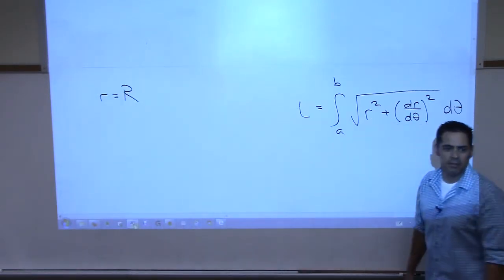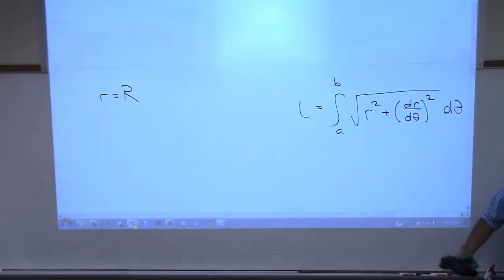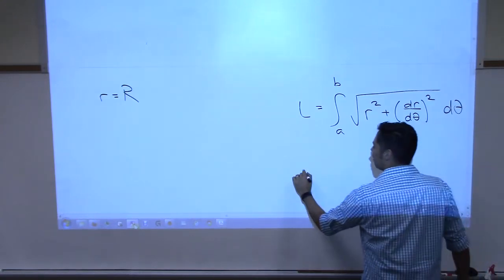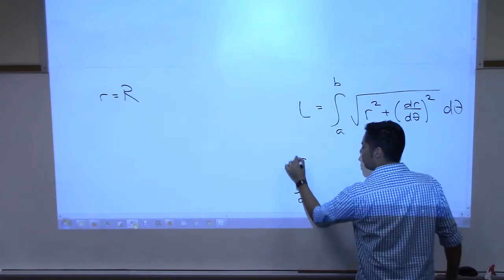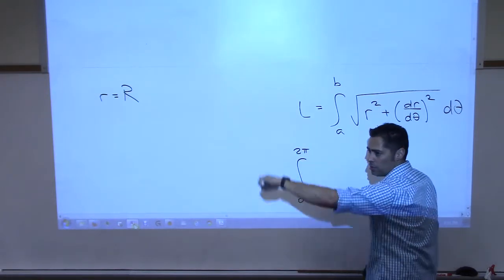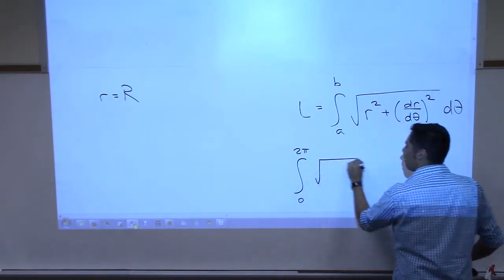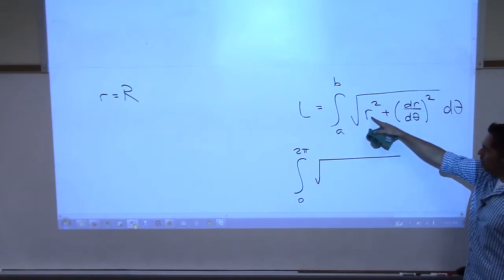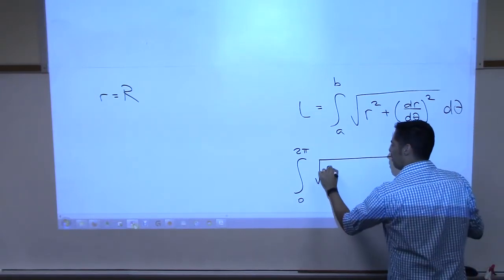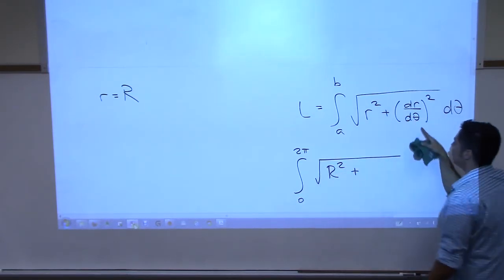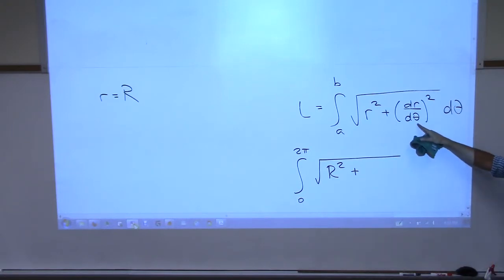Go all the way around. It should be 2 pi r, right? Let's do it in this formula. This should be the integral from 0 to 2 pi, because I'm drawing the whole circle, square root of the function squared, which is just capital R squared, plus what's the derivative of the function?